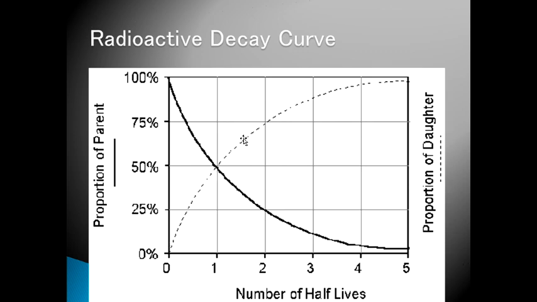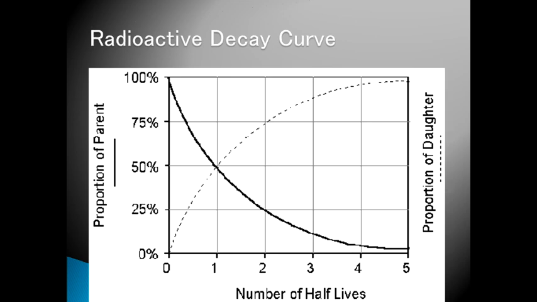The little dashed line is the percentage of daughter. And notice at time 0, we have no daughter. And as defined, when half the parent is gone, half of the daughter is there. And that's where those two lines cross. And so this line gets bigger and bigger and bigger. And notice it's a mirror image of the line over here.